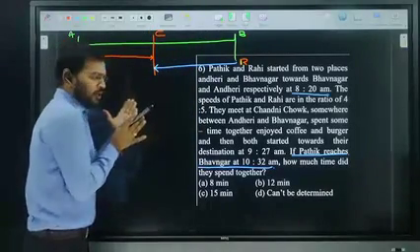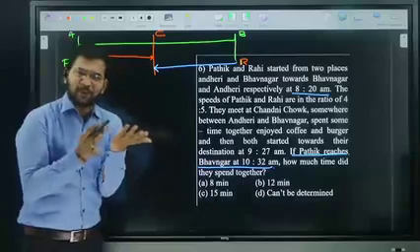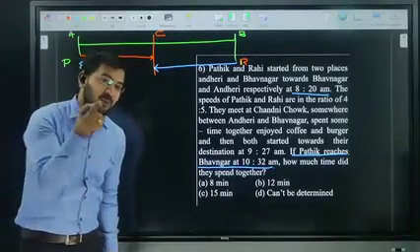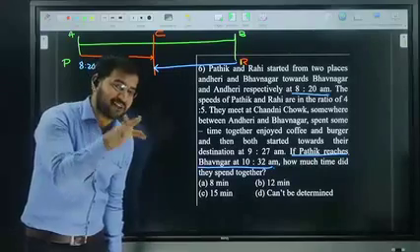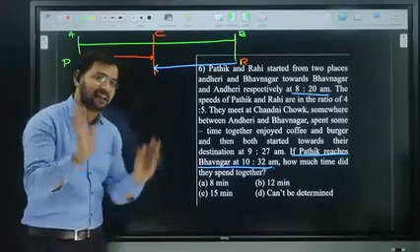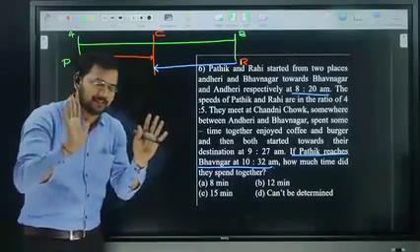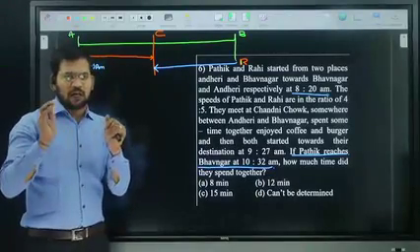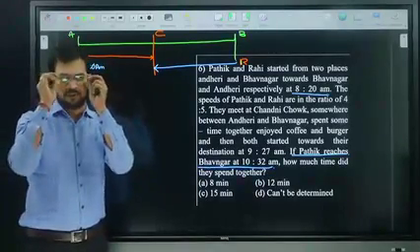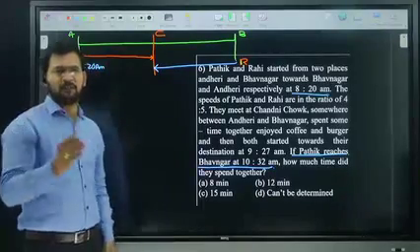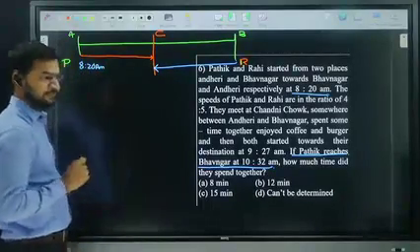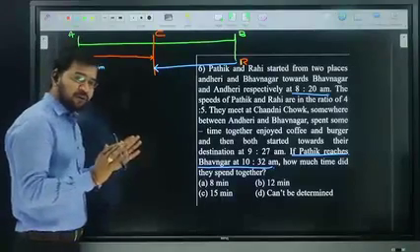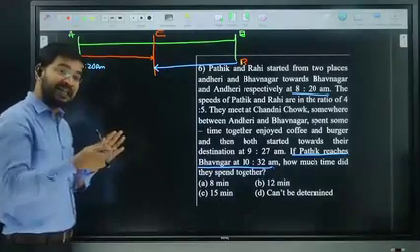I don't know at what time they reach Chandni Chowk, but they reach some point in time. They spend some time and enjoy together, eating burger and coffee. I don't know the meeting time, but I know the leaving time.